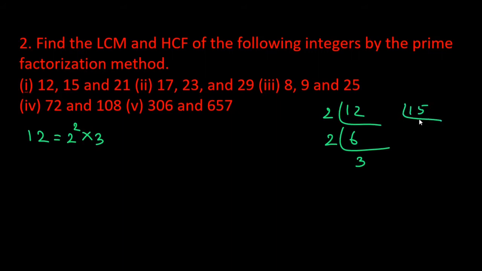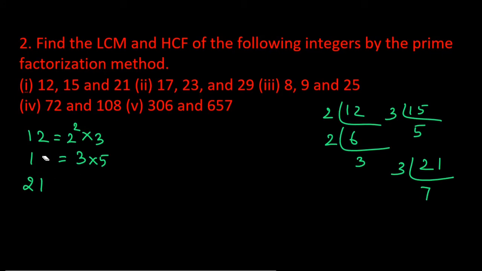15. 15 is not divisible by 2. It is divisible by 3 only. So 15 is equal to 3 into 5. 21. 21 is divisible by 3. We get 7. So 21 is 3 into 7.